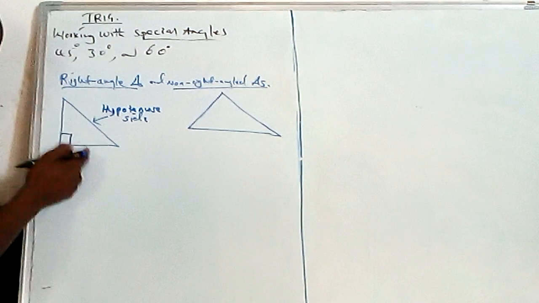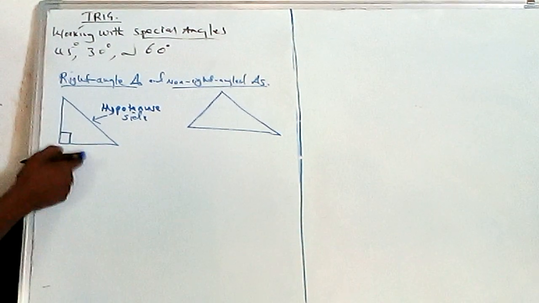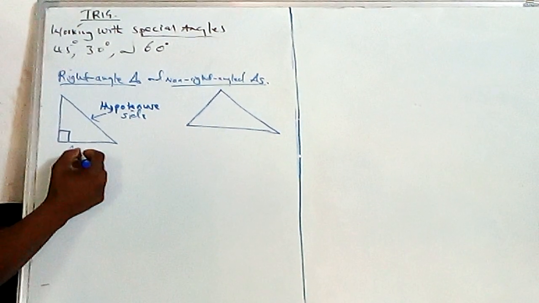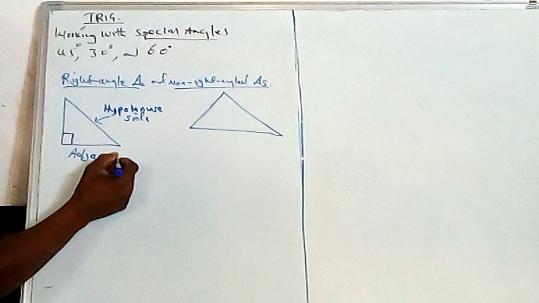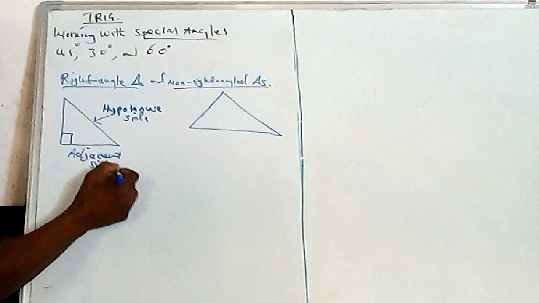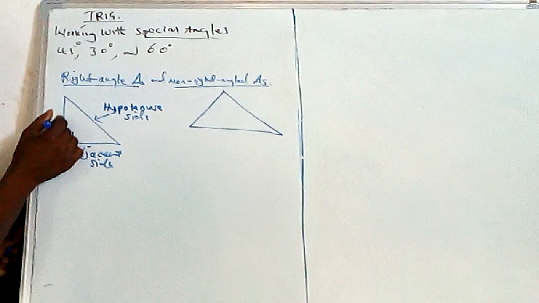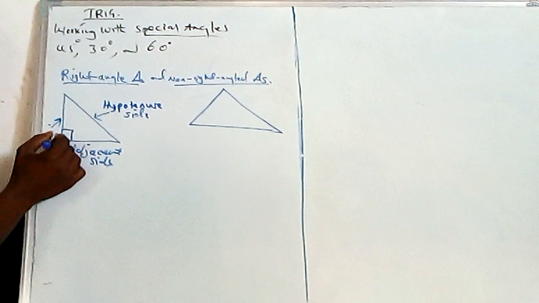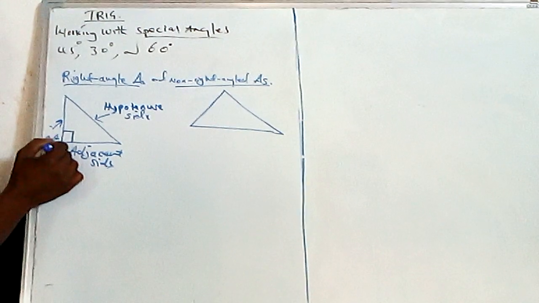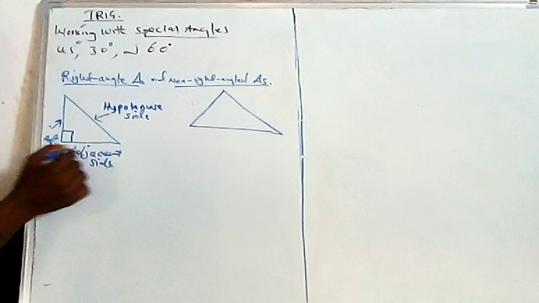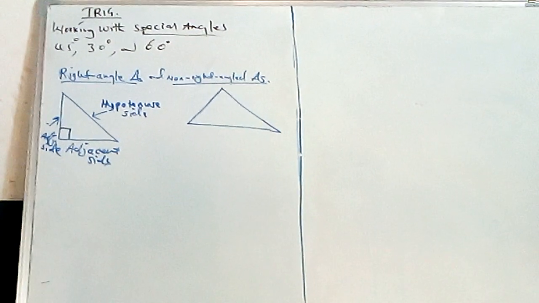That's why these two sides are referred to as the adjacent side. This is the adjacent side. The same is true of this one. This one is also the adjacent side. Okay, this is how we go about it.